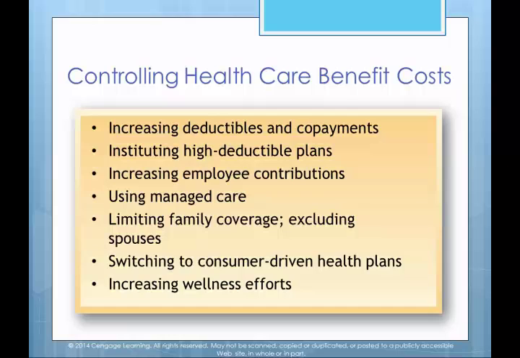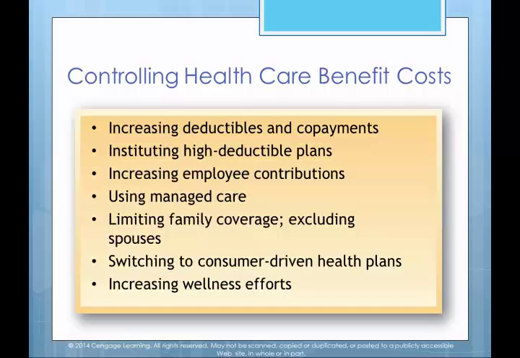So, how can we control health care benefit costs? Well, we can increase deductibles and copays. We can institute high deductible plans. We can increase the employee's contribution, the money that they share in paying for that.